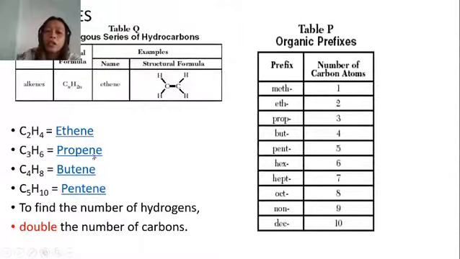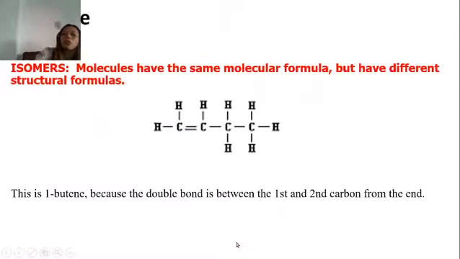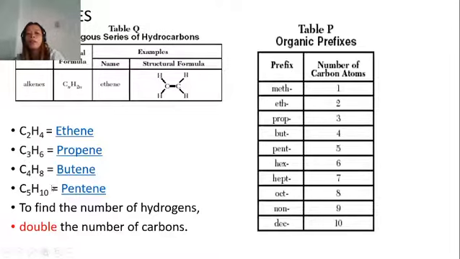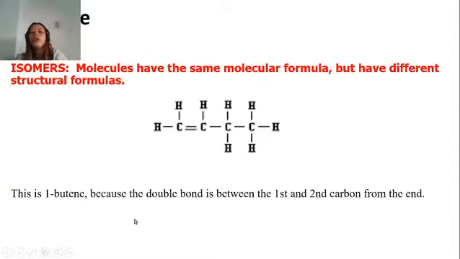Then C3H6, propene, butene, pentene, and so on. So you have the heptene, octene, decene. To find the number of hydrogens, double the number of carbons. So 1-butene, kagina may butene, you have the C4H8. So for our naming, sa diin na natin maano ang 1-butene.